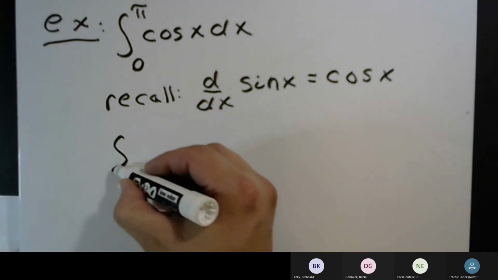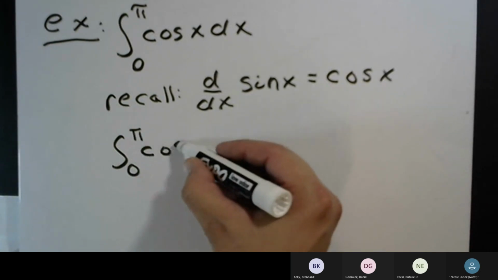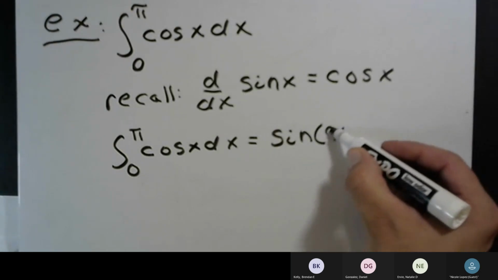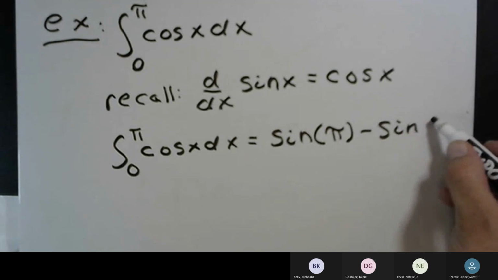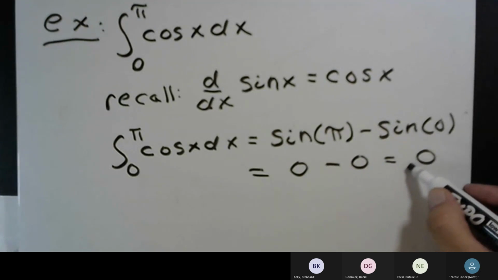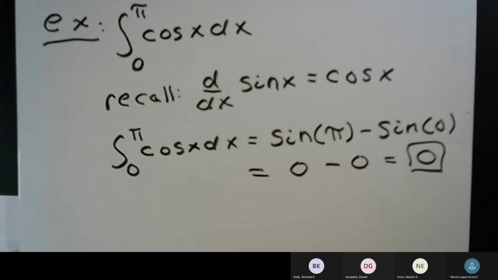So this means that the integral of the cosine of x dx will be the sine of pi minus the sine of 0, which is 0 minus 0, which is 0. Questions about that? All right.